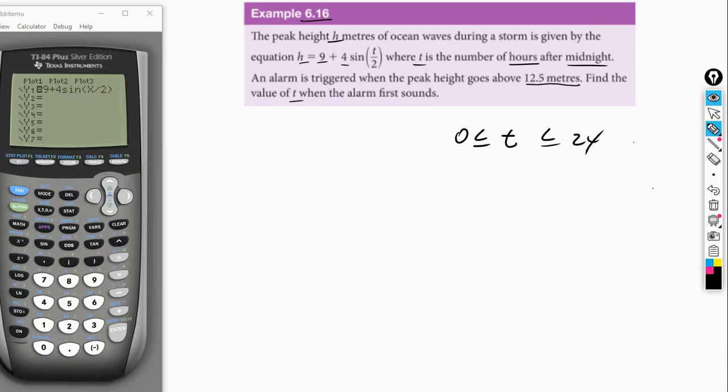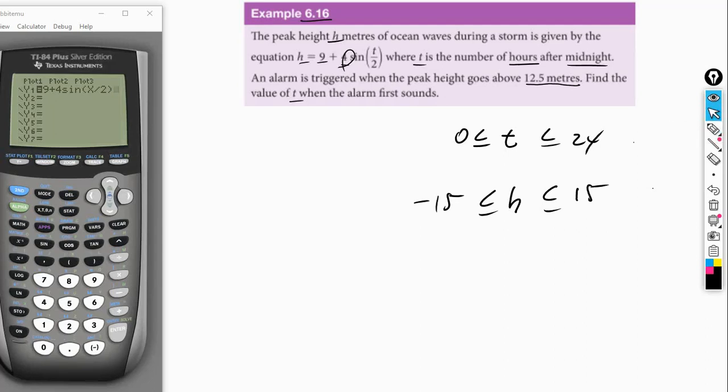And then the range for h, from what we know about the sine function, this one has an amplitude of 4. So an amplitude of 4 plus 9, that would be 13. So let's make it 15 at the top, and let's say negative 15 at the bottom, just to be sure. So this would be our domain and range, and therefore the window we would need to graph this function appropriately.